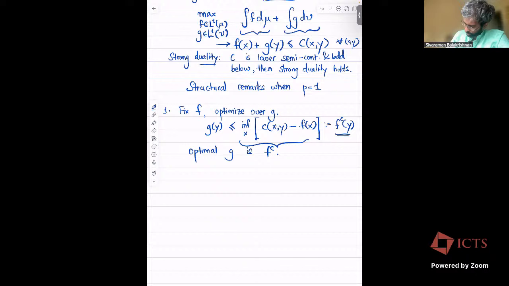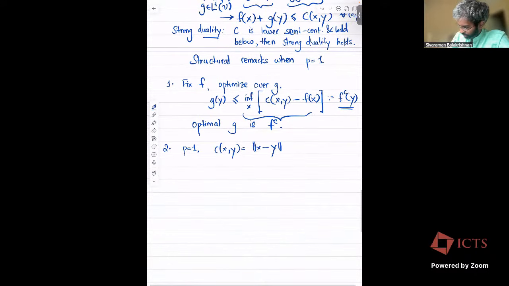Now let's talk about the case when p is equal to 1. This is the case where the cost is the norm of x minus y. Let me tell you why we're going through this exercise. We will check two properties.